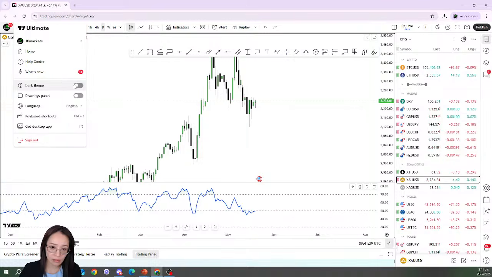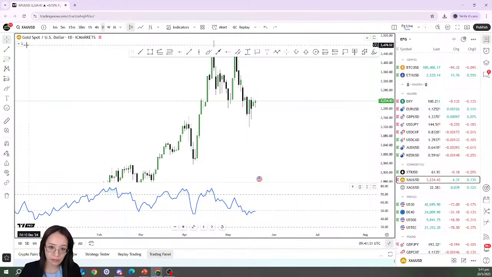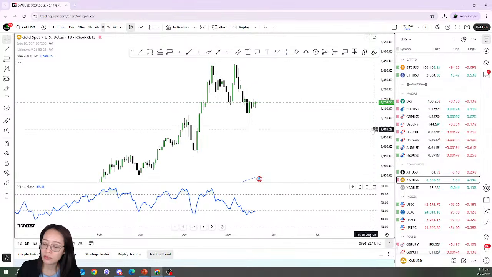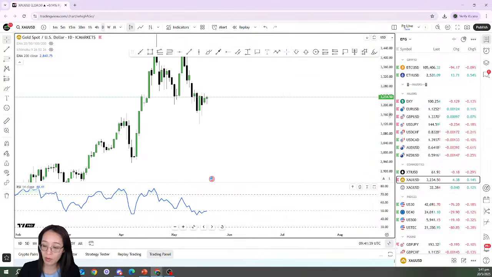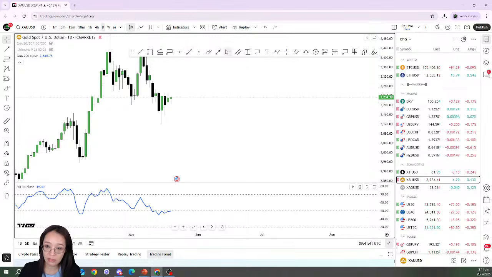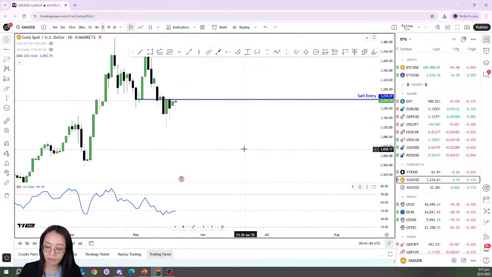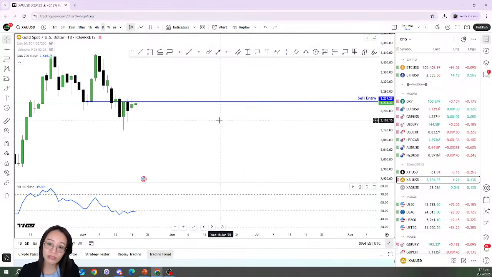I just stick with EMA 200. So basically, for example, I used to hedge, which is, let's say I put this in my sell entry. Let's say I put my trading sell entry right here. There will be the zone for me.